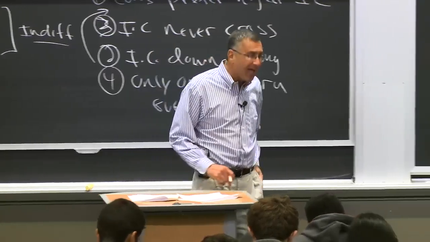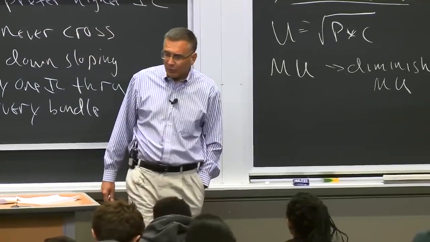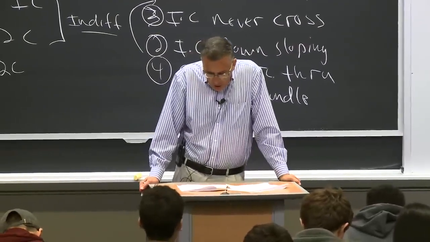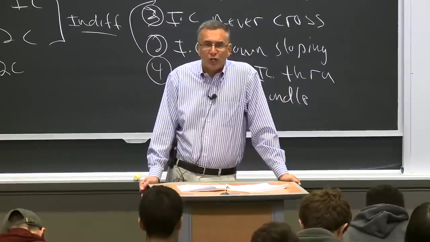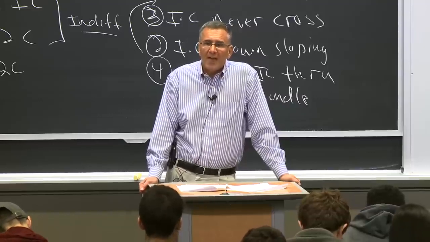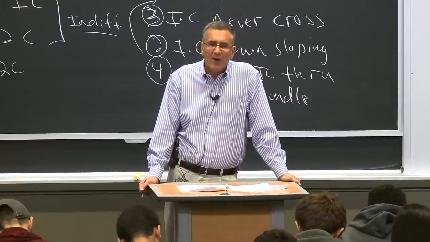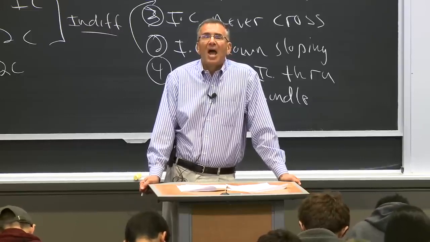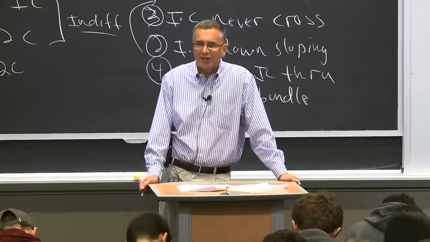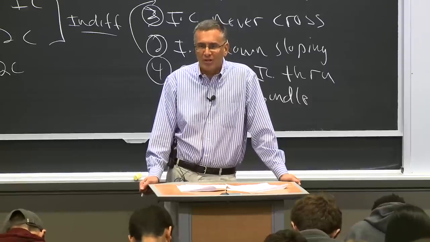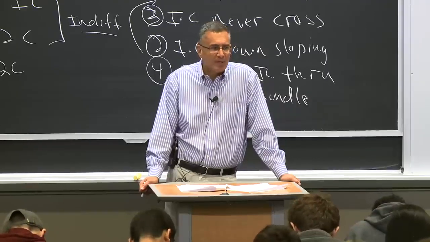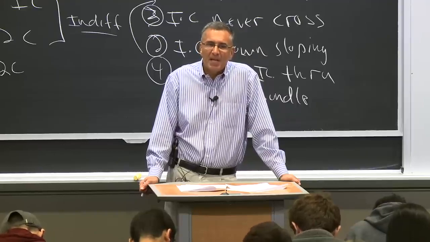And what this implies is that indifference curves are convex to the origin. That's very important. They are not concave. To be technical, they can be linear. We'll come to that. But they can't be concave to the origin.